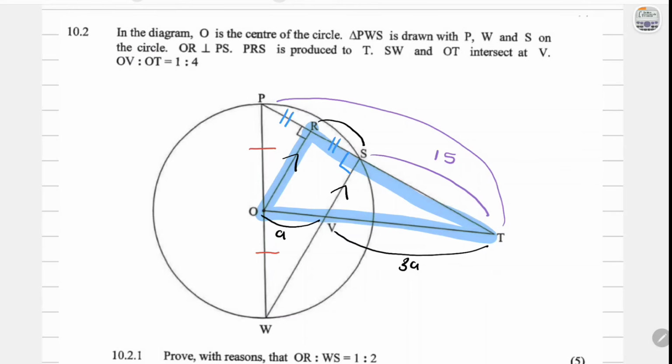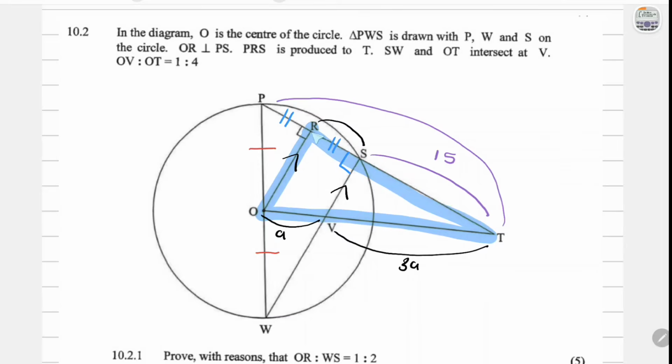So yeah, that's how we can actually use this. So we can use this right now to find the length of RS. And then once we find the length of RS, we will know exactly what PR is since they are equal. And once we know what that is, we would be able to see the full length of PT. It would be this PS added with ST, which is already 15 units. Okay, let's go.